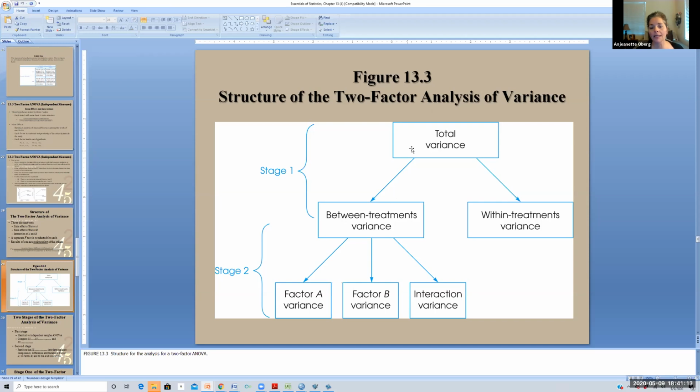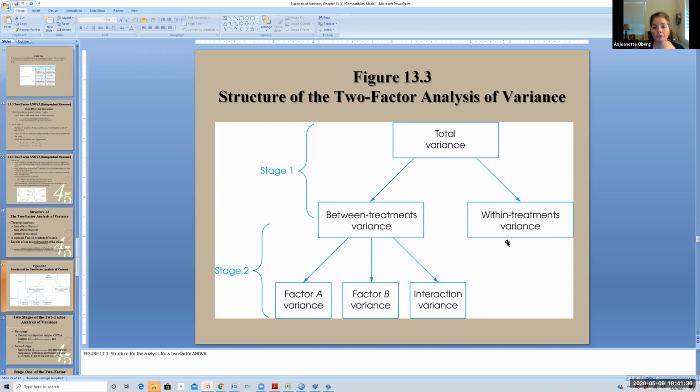Remember that when we dissected a repeated measures, our between groups was our numerator, and then we further dissected the within treatment variance, and we separated that out from between subjects, right? And the individual differences that exist between subjects, and then the error variance, or residual variance.